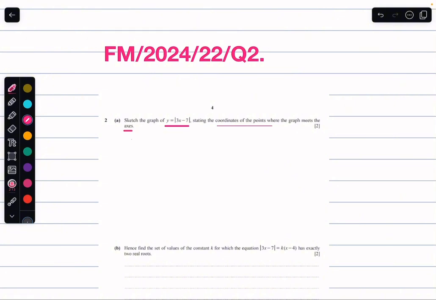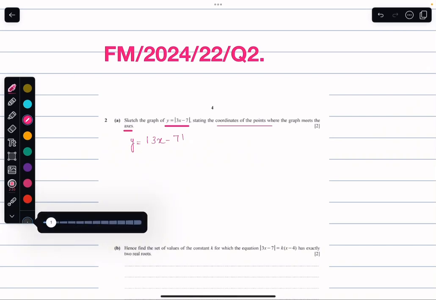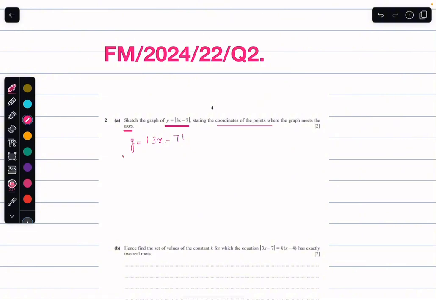The function given is y equals modulus of 3x minus 7. To get the coordinates on the axes, what I know is that on the y-axis, x equals 0. If I substitute x as 0, y remains with negative 7 within the absolute sign, therefore the value is 7.